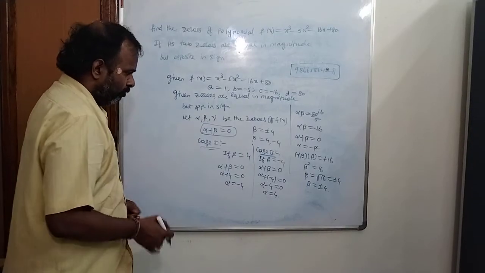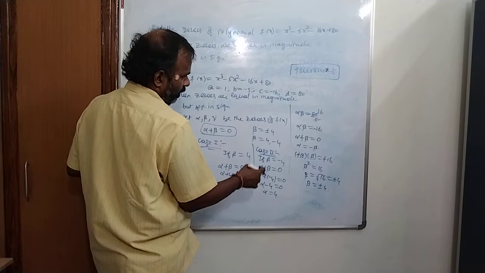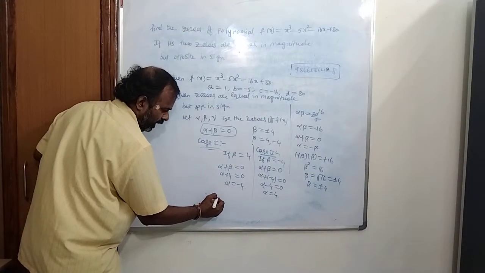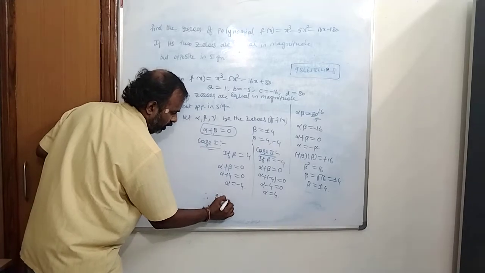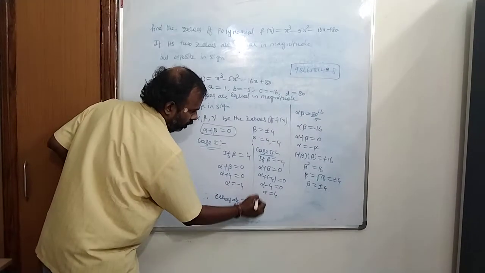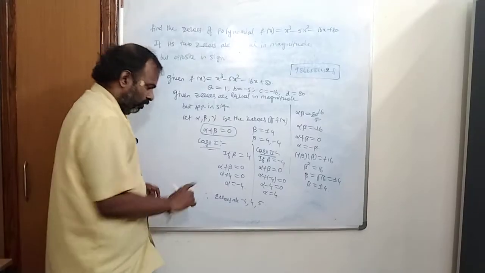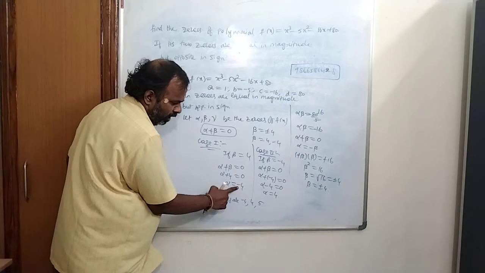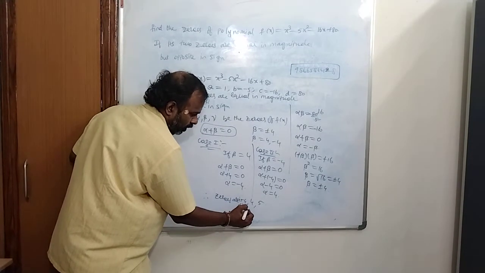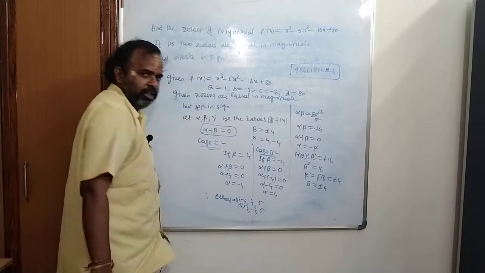So therefore here now already we got gamma as how much? 5. So therefore the two cases where we get zeros are minus 4, 4 and 5. And one more case: here we have taken alpha as minus 4; if you take the other one, it is 4, beta is minus 4, gamma is 5.